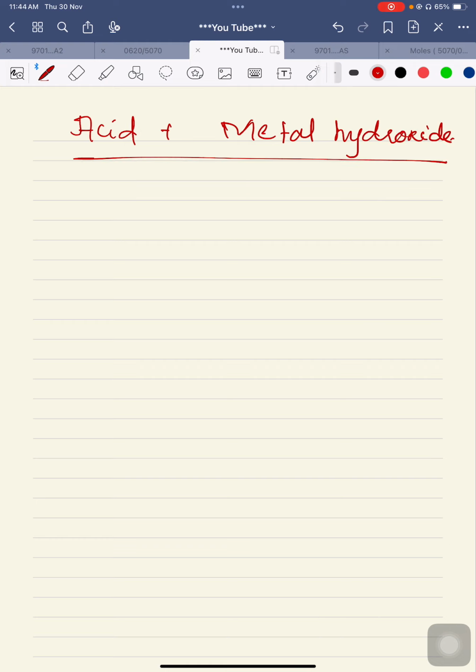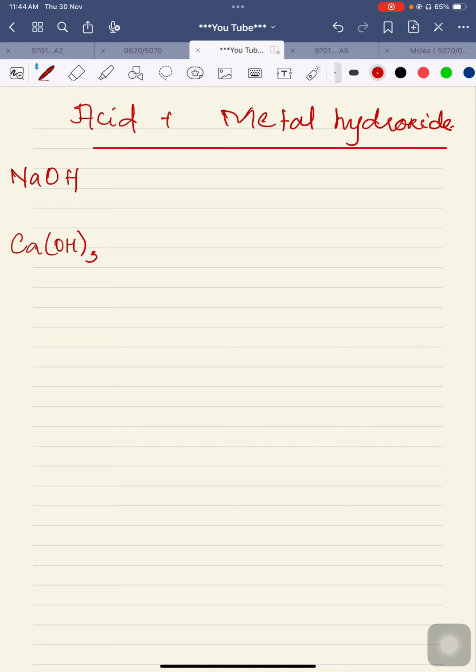Let's write NaOH, then Ca(OH)2, and then let's write some from the transition block, Fe(OH)2, and we are going to react them with CH3COOH, with HNO3, and here the reactant can be HCl.